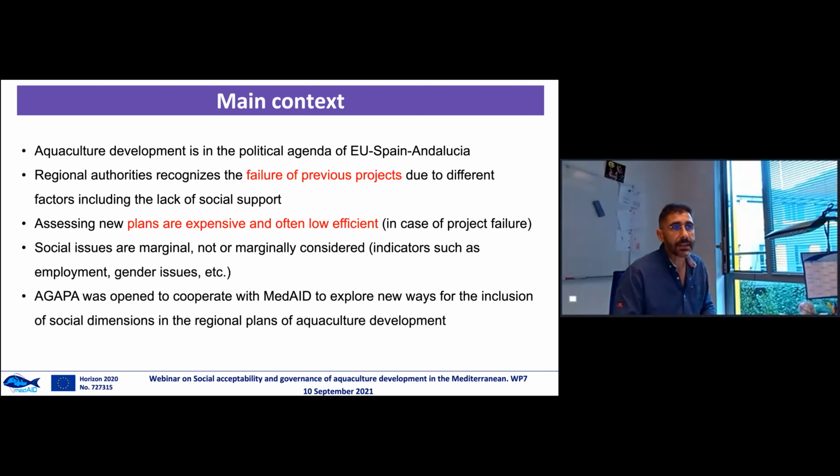You know the main context. We've heard before that aquaculture development is somehow stagnant. We know that aquaculture development is in the political agenda of Spain, the European Union, and Andalusia.